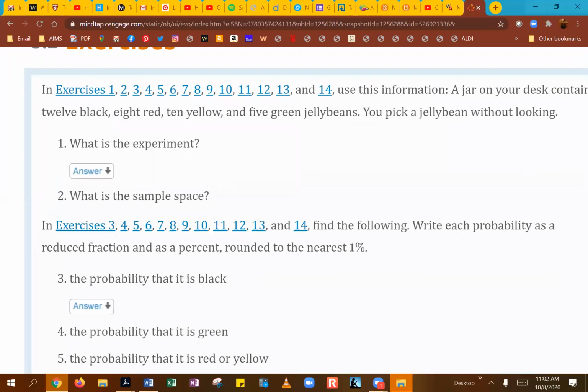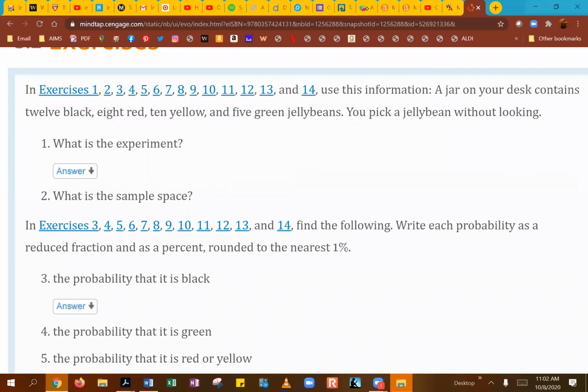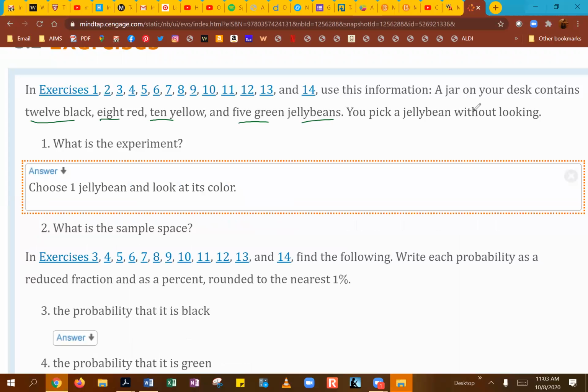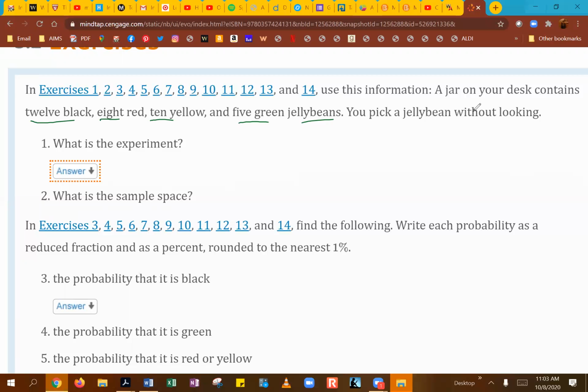So this one here is talking about a jar on your desk that contains 12 black, 8 red, 10 yellow, and 5 green jelly beans, and you pick a jelly bean without looking. So that's basically the experiment. When they talk about what the experiment is, the idea is choosing a jelly bean and looking at its color.